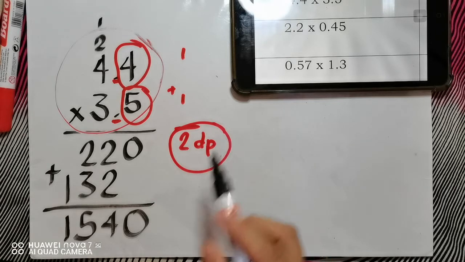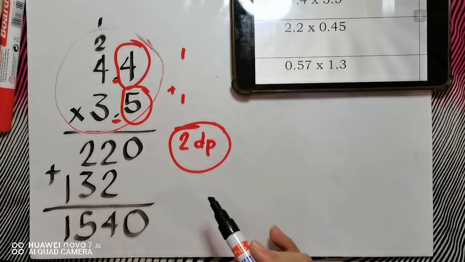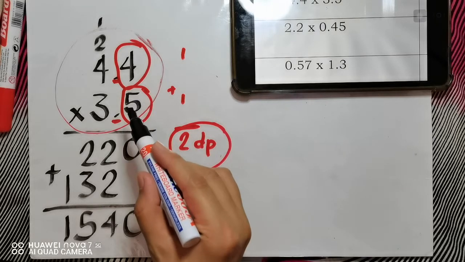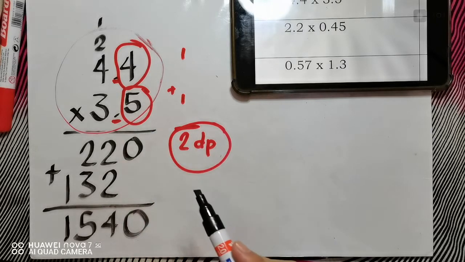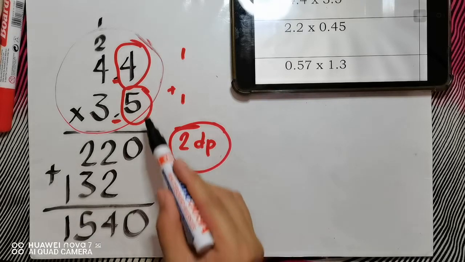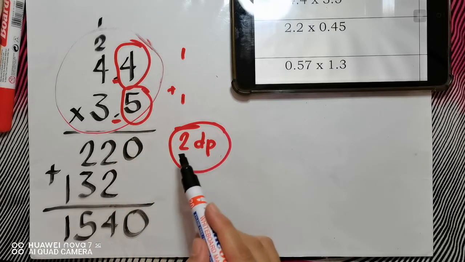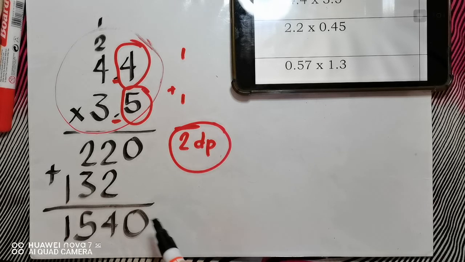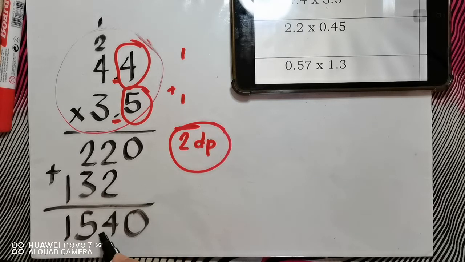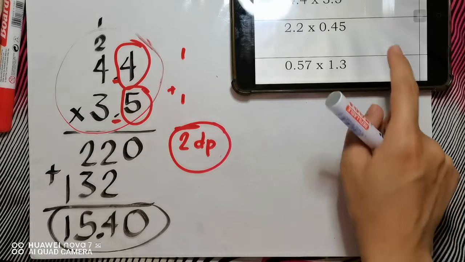The number of decimal places in your answer should be the same as the number of decimal places in your given numbers. So, kung dito merong isang decimal point at isang decimal point, kaya nagkaroon tayo ng 2 decimal places. Pagdating dito, mula sa kanan, move mo dalawa. 1, 2. So, ang sagot natin ay 15 and 40 hundredths.